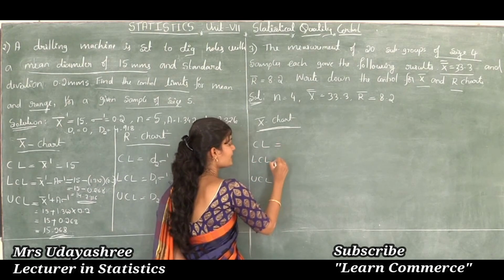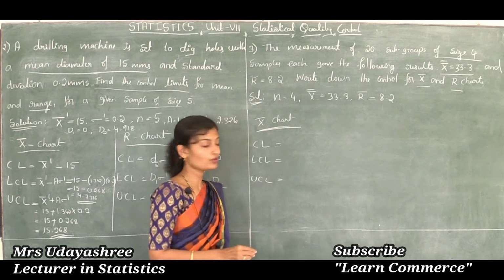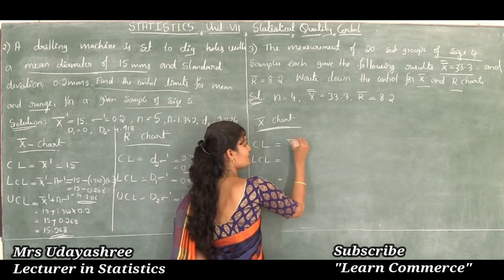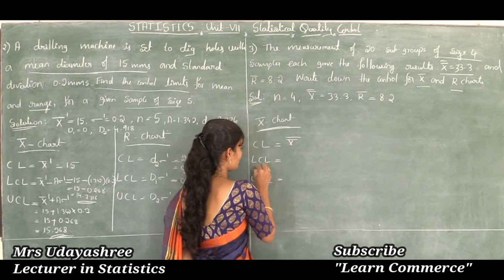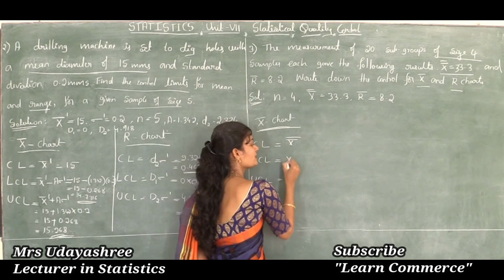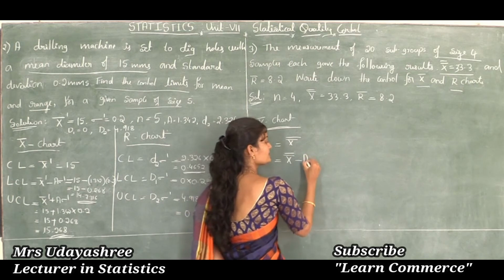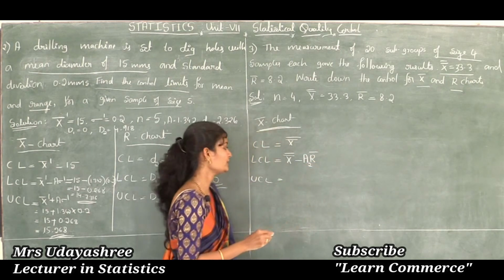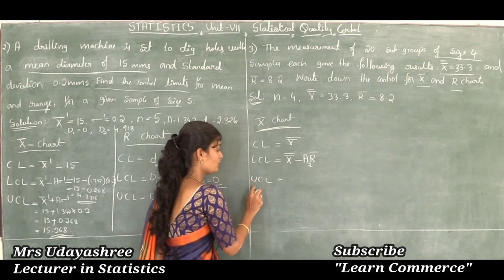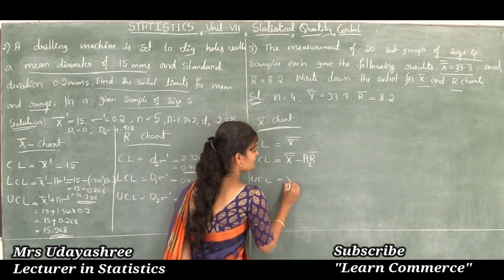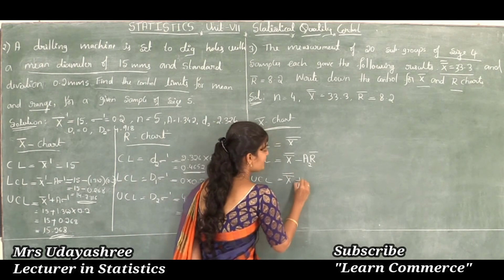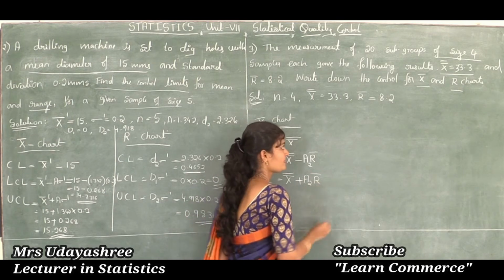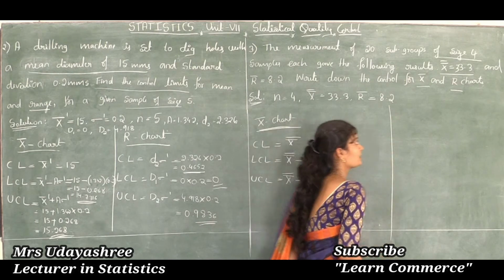For the central limit the formula is X double bar, and for the lower control limit the formula is X double bar minus A2 into R bar. Then for the upper control limit the formula is X double bar plus A2 into R bar. Okay, this is all about the X bar chart.